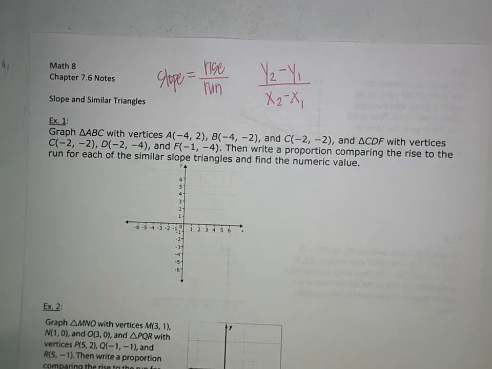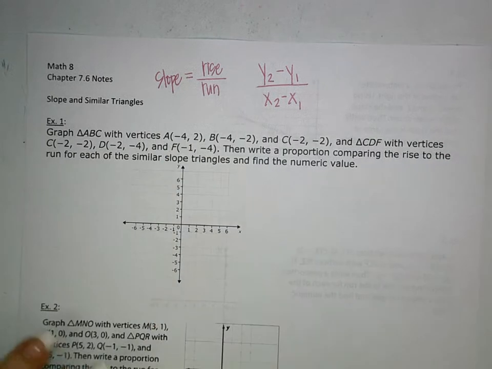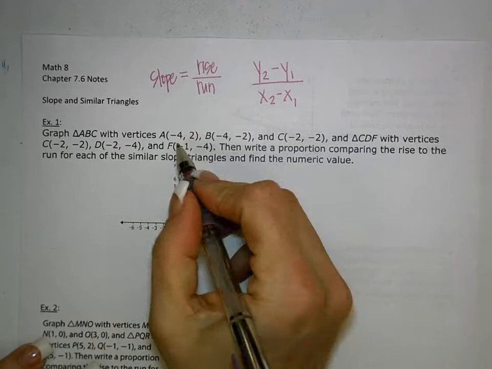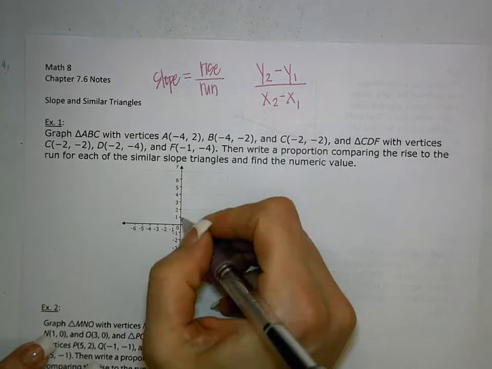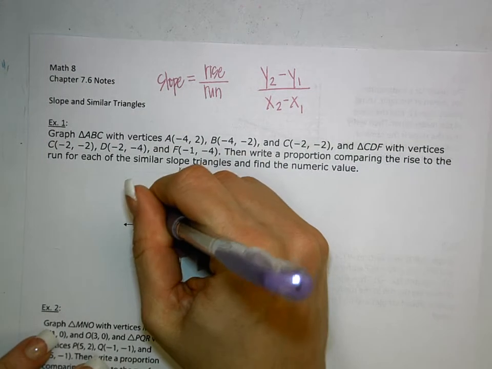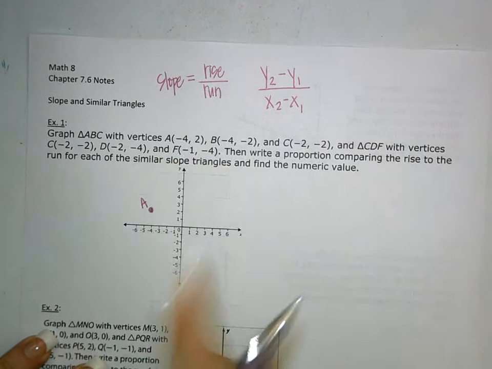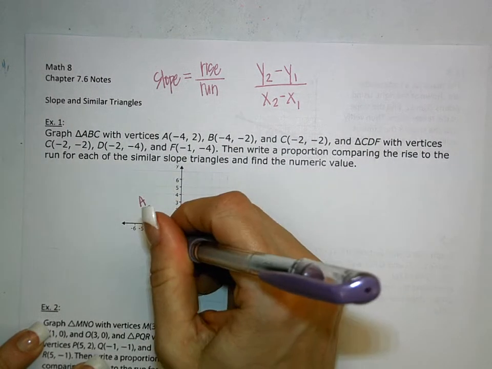Okay, so graph triangle ABC with vertices. So we're going to graph these. The first vertex, and that's basically just a corner, is (-4, 2). Make sure you're graphing these correctly. Go over left 4 and up 2, and we're going to label that A. B is at (-4, -2), so left 4, down 2.